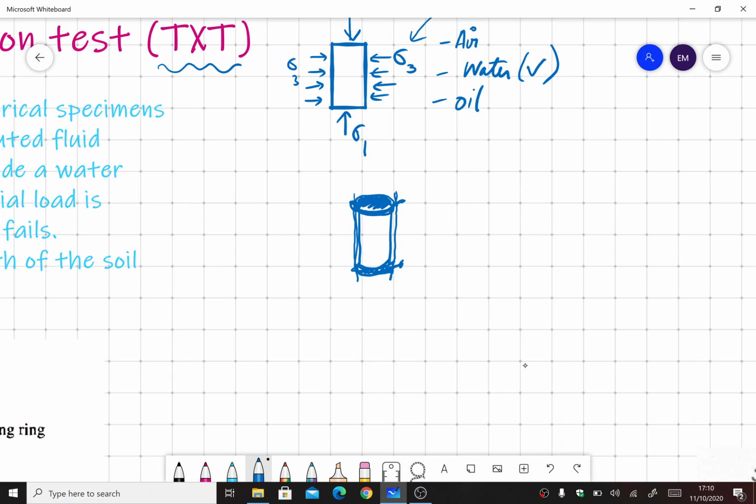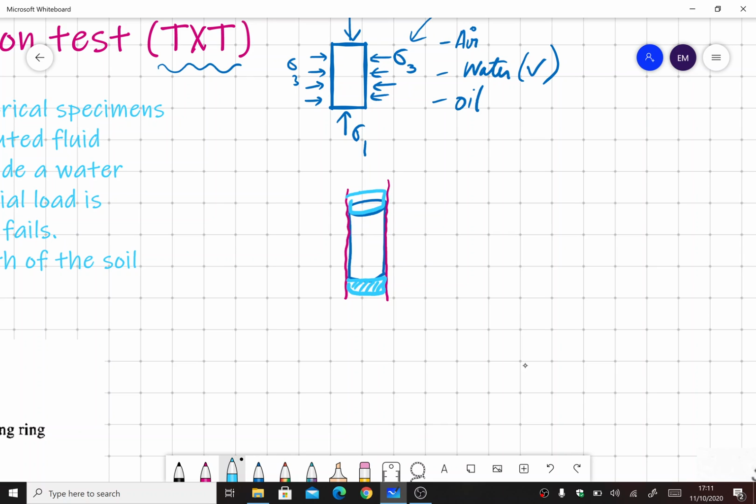But for now, we should know that the soil specimen is wrapped inside. Maybe I should use a different color. Let me remove this first. Okay, let me redraw that. If this was the cylindrical soil specimen, I will use a rubber membrane around it, extended a little bit beyond the sample length, and then we use porous stones at the end, one at the top and one at the bottom.